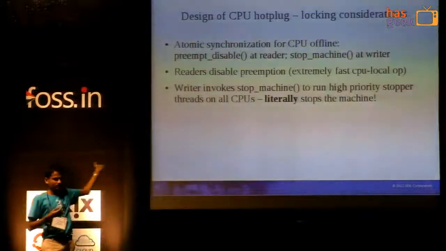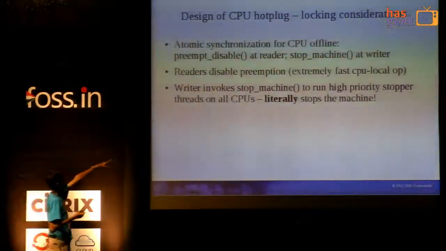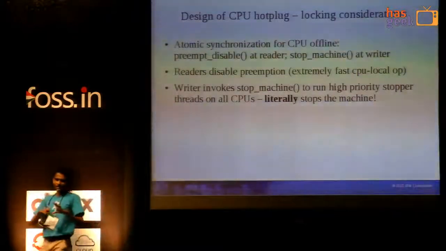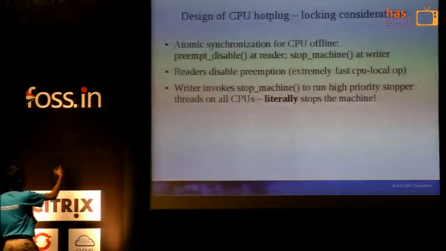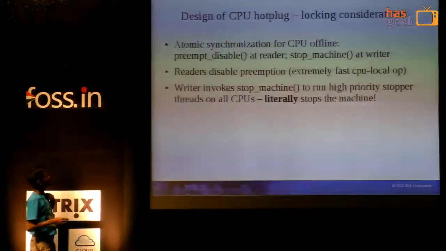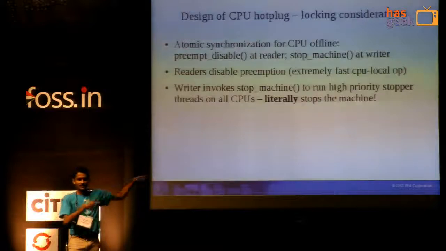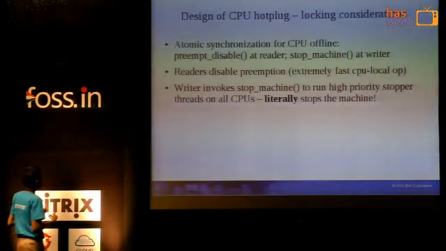This is a primitive in the Linux kernel. It's a very, very fast, heavily optimized CPU local operation. Within that CPU you can say preempt disable. It's extremely fast. You don't wait for anybody. That is good. And at the writer, you use stop machine. You wait for every reader to finish that preempt disable section and then continue.